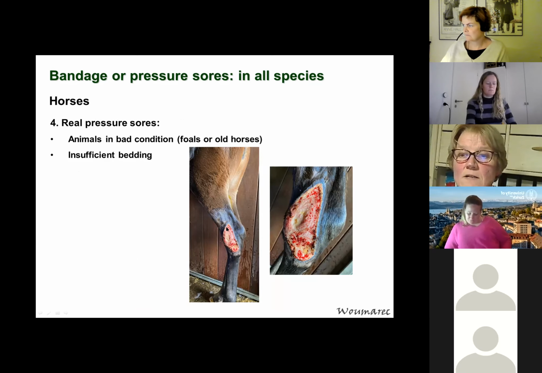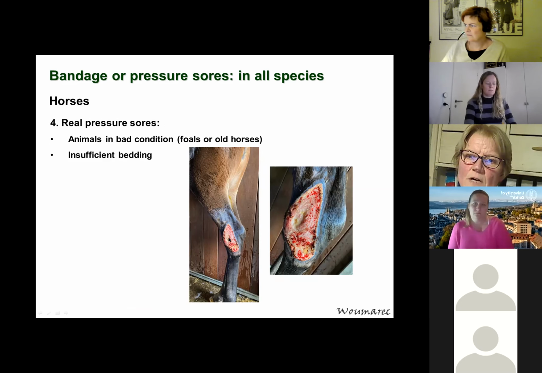And it can be quite severe sores, like you see here at the lateral side of the tarsus, with a big spot, and you can see here the part of the malleolus where the wound is even deeper, up to the bone. And similar sores can develop at the side of the elbow.